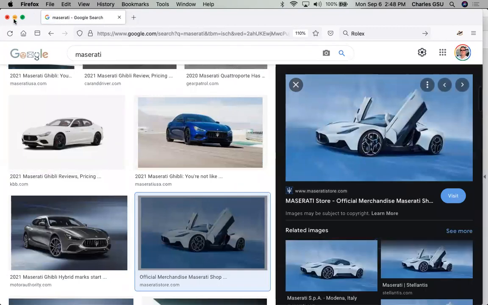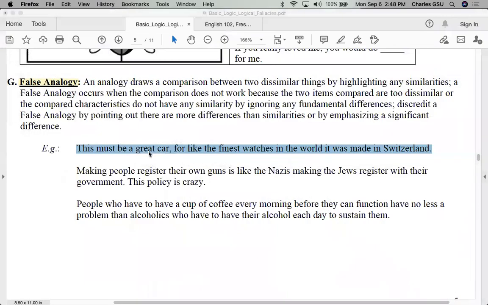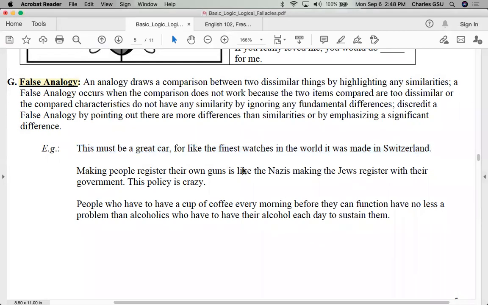So if you just retooled this sentence and said, this must be a great car for like the finest wine, because Italy has great wine, or the finest art, think of Florence, Michelangelo, Leonardo da Vinci, and so on, it was made in Italy. So that analogy would make sense if you retooled that.